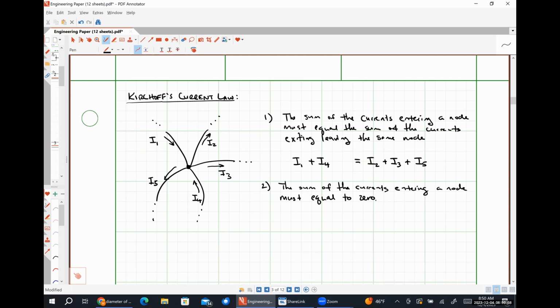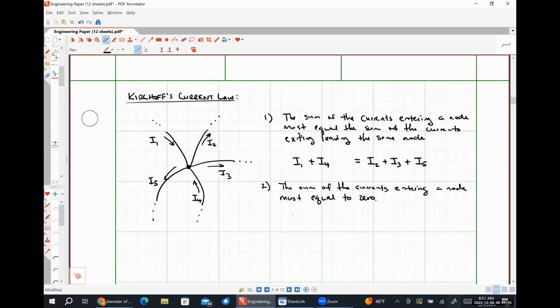So this does not mean I1 plus I4 is equal to zero, because we can't neglect all of those other currents. We just simply have to recognize that if I2 is exiting, negative I2 is entering the node, right?